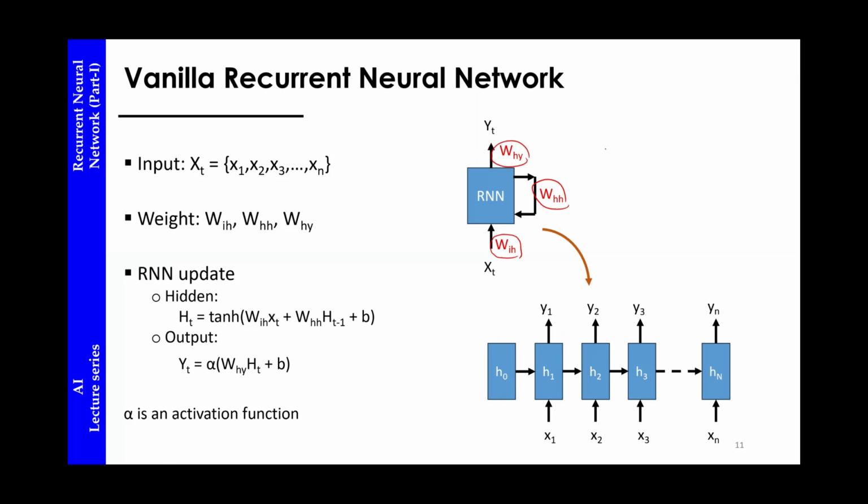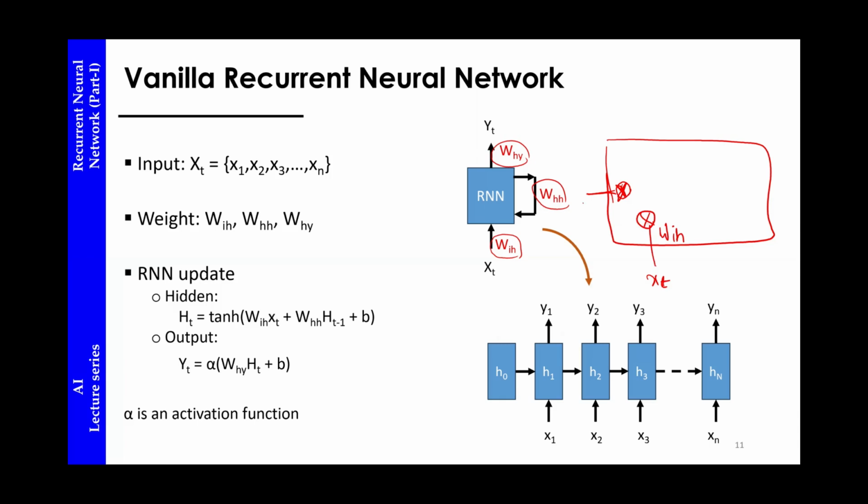If we say we have a box like this and we have an xt, this xt has a parameter called WIH, and we have a hidden layer. This cross shows the multiplication.